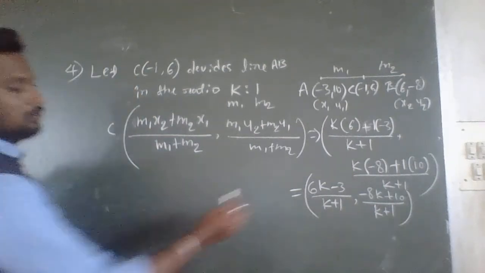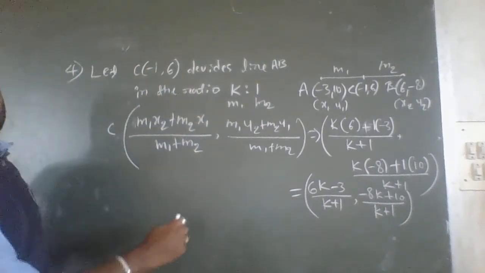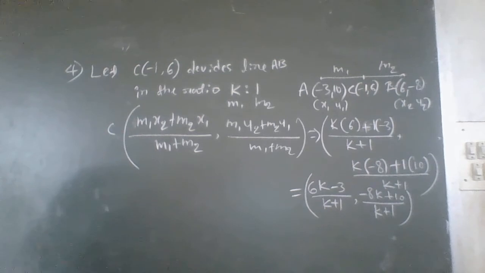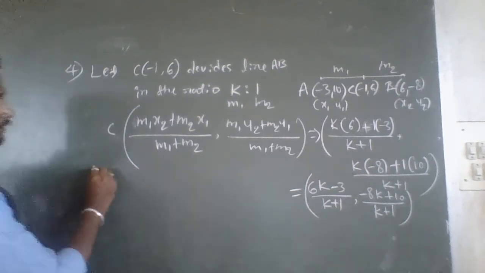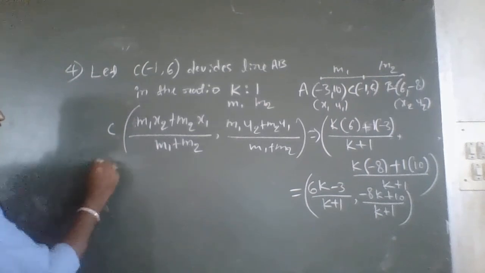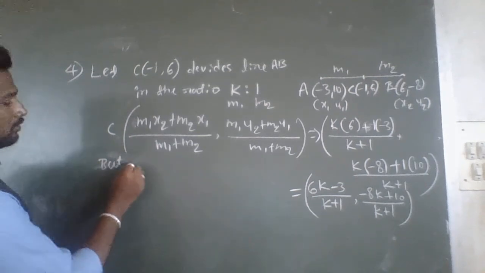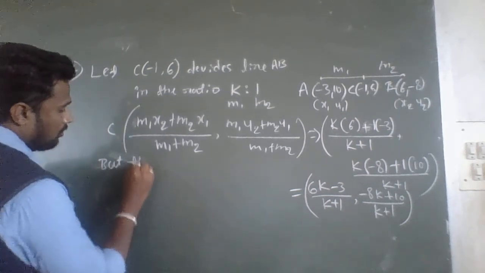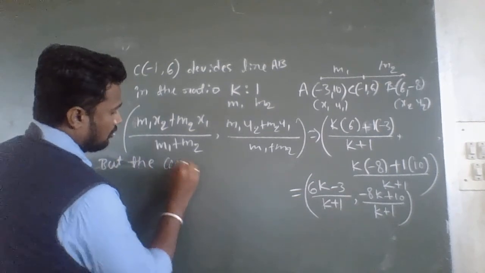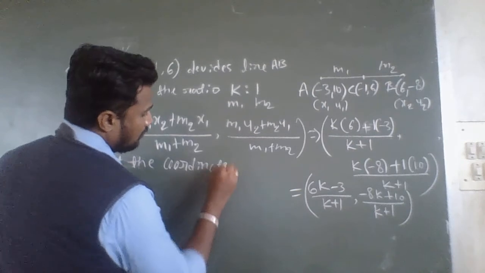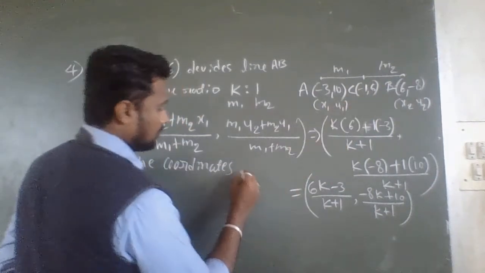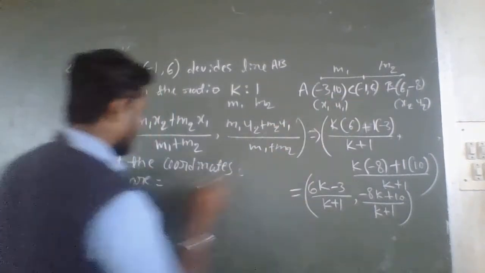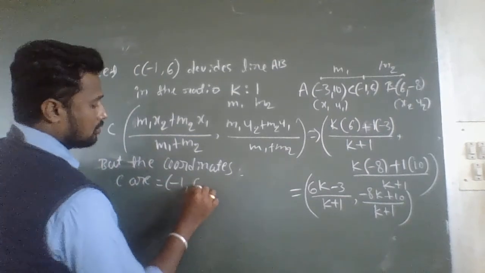So now we got x and y coordinate, but the coordinates of C are given in the problem only: minus 1 comma 6.